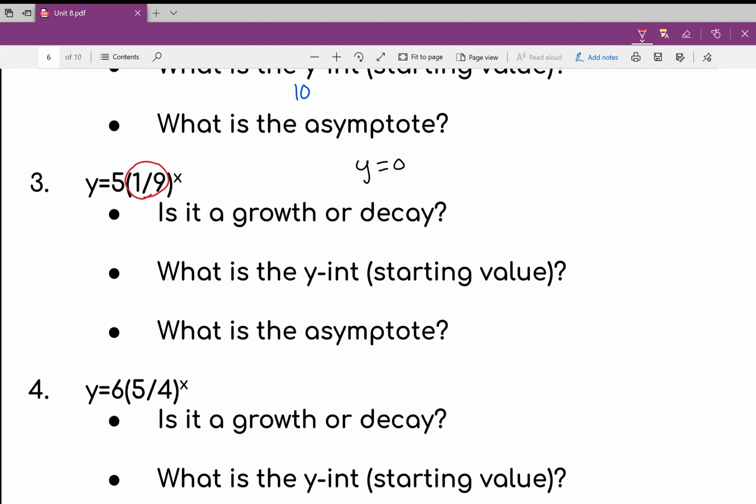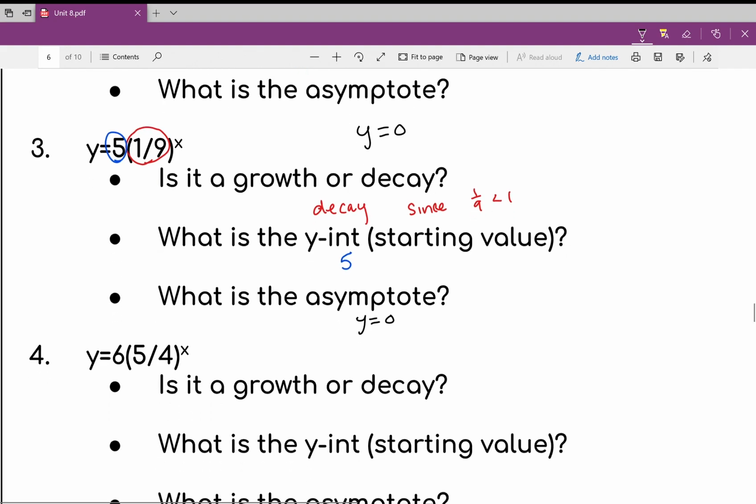Since this is 1/9 and 1/9 is smaller than 1, this is a decay. Then it says, what is the y-intercept, or the starting value? The starting value is always a, so that's 5. And then what is the asymptote? The asymptote is always y = 0.